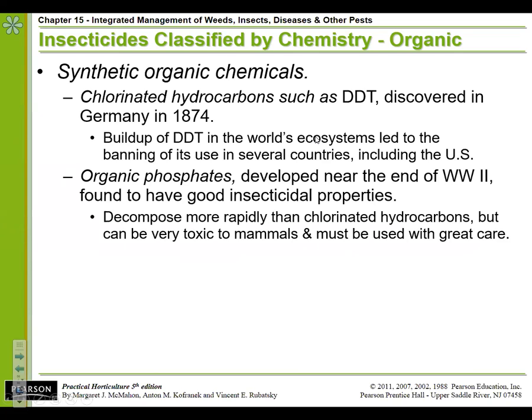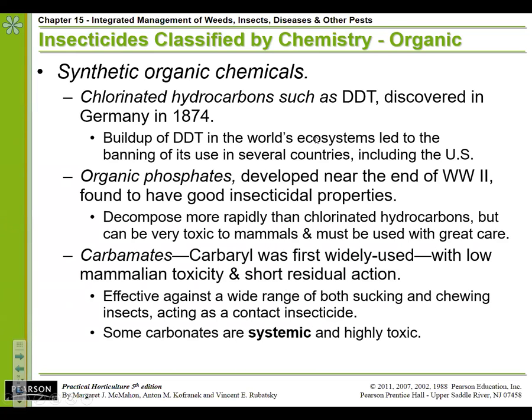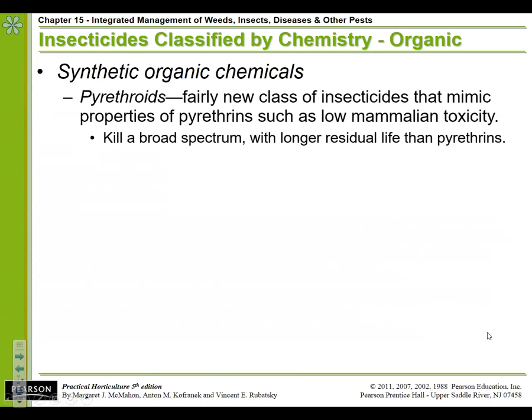Organic phosphates have good insecticidal properties. Those are some that are still out there today. Carbamates, just a different style. Most of these are systemic and highly toxic, both to insects and to people. Some are still on the market. Some have been banned.